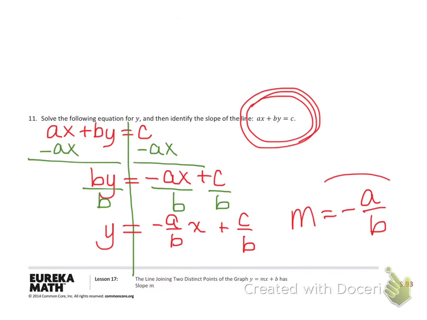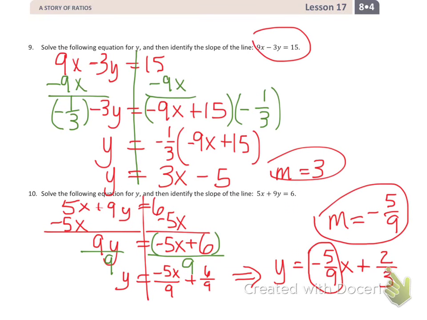So knowing that m equals negative a over b, what if I went back to exercise 10 and noticed that if I thought of this equation as ax plus by equals c, b is 9 and a is 5, and the slope of that equation ended up being negative 5 over 9.